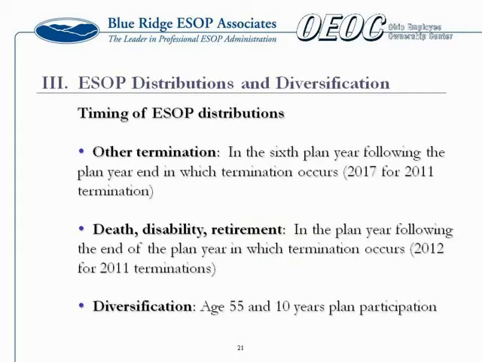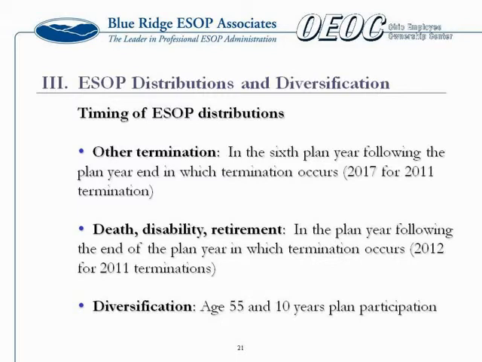Okay. The next one is the basic timing of our ESOP distributions, and this is really the standard language. For other termination, distributions must occur in the 6th plan year following the plan year in which the termination occurred. So if someone terminates in 2011, their distributions could start occurring in 2017.